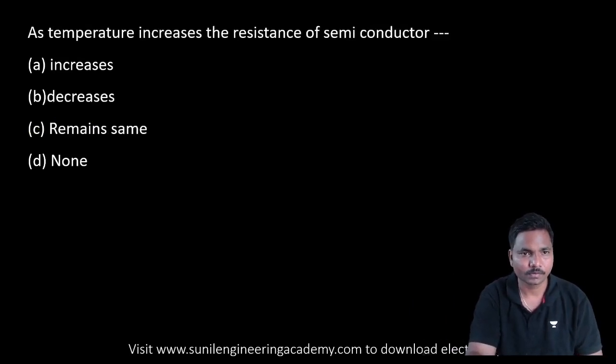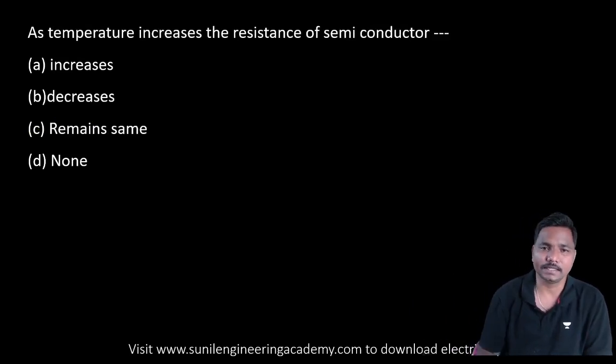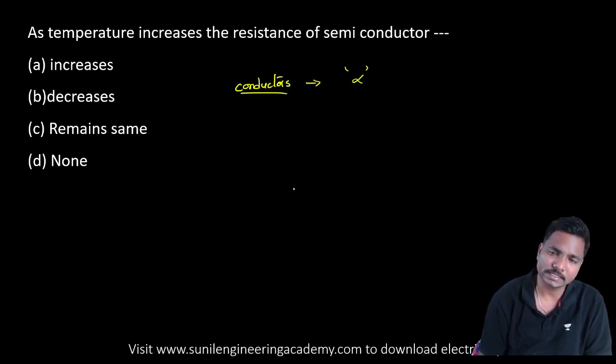As temperature increases, what happens to the resistance of a semiconductor? So in case of conductors, alpha is considered as the temperature coefficient of resistance. It is positive.